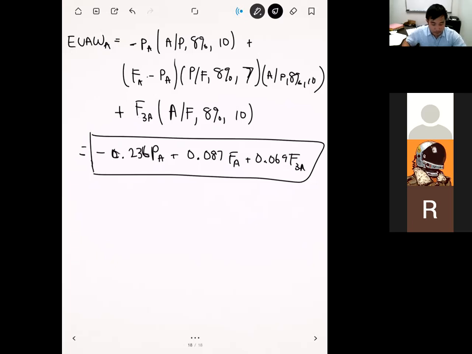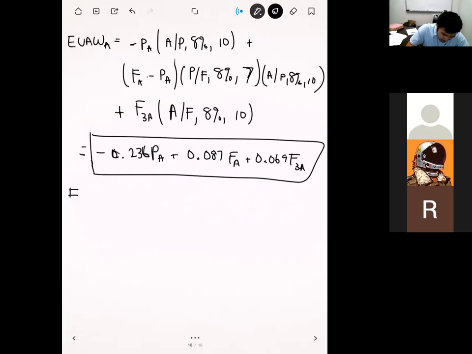All we've done here is set up the equation so that someone can come fill this in later with the appropriate cash amounts. And so that's option A.